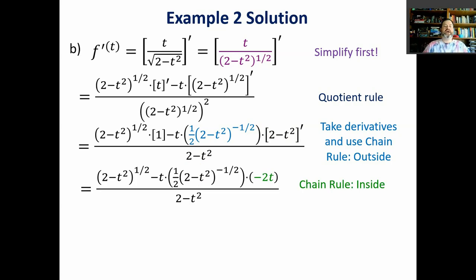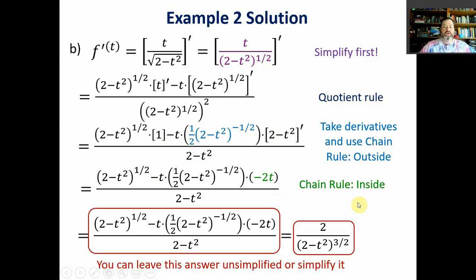Now we do the inside chain rule. I simplified this 1, right? Anything times 1 is itself, so that just went away. This 1 just goes away. And then I just went ahead and did this derivative. That's the only other thing left. And you can leave it like that. So this is what it looks like unsimplified.